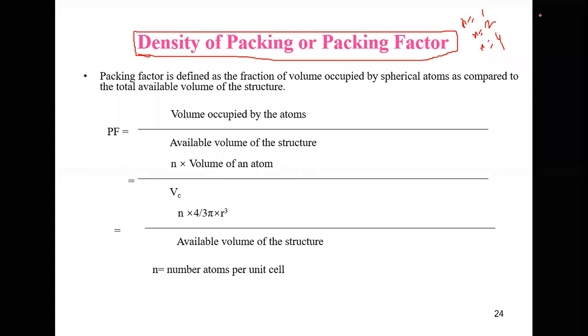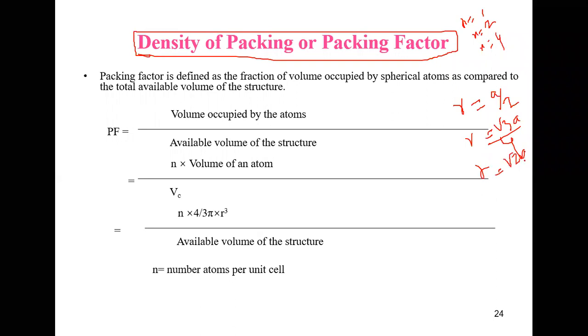Remember that one. And also we have seen that r equals a by 2 in case of simple cubic, r equals root 3 a by 4 in case of body centered cubic, and r equals root 2 a by 4 in case of face centered cubic.